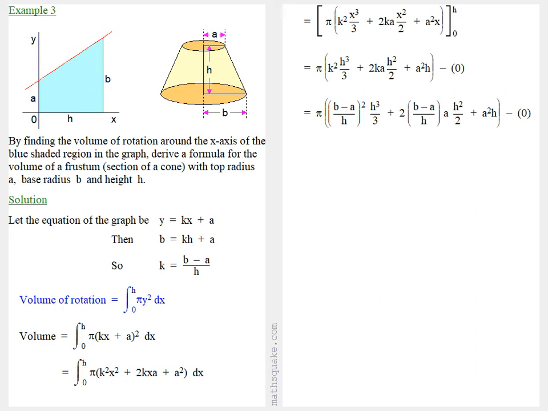Now we can cancel some of the h's, and so this gives us pi times ((b minus a) squared times h over 3 plus (b minus a) times ah plus a squared h).